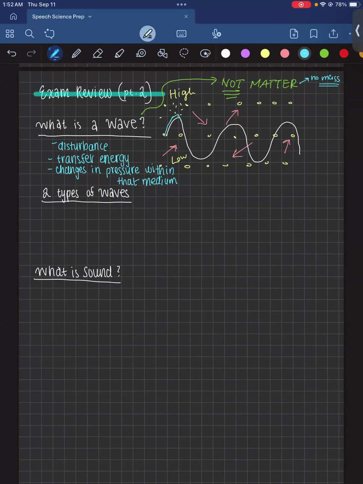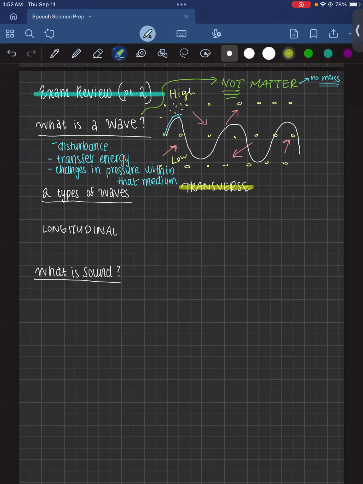And there are two types of waves that you need to know. There's a transverse wave, and there's a longitudinal wave.